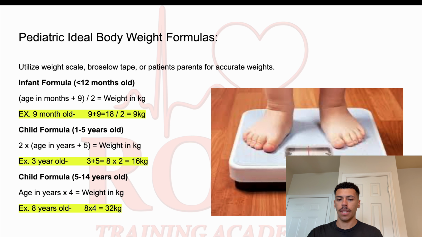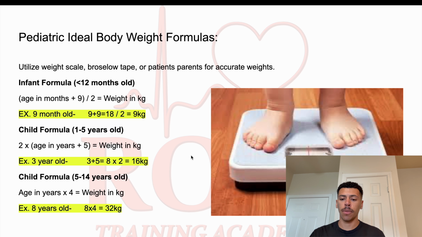All right. And then we have our formulas for our kids, our pediatrics. To find out their weights, we can use the Broselow tape, or you can ask the patient's parents for an accurate weight. But a Broselow tape will probably get you a little bit closer to what that ideal would be for that kid. But we also have formulas for them.